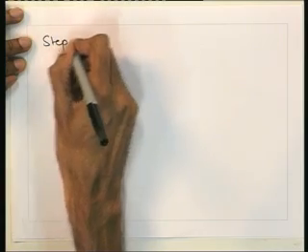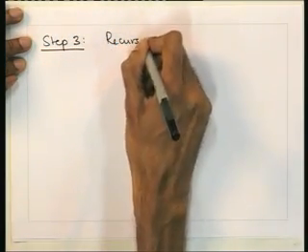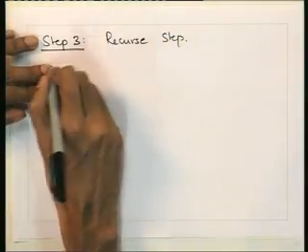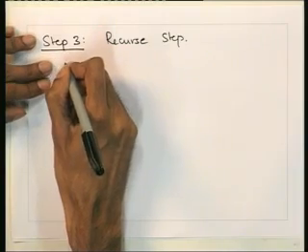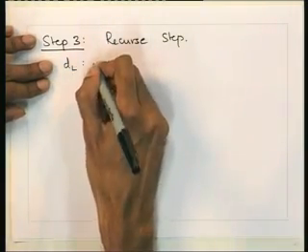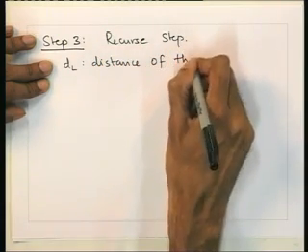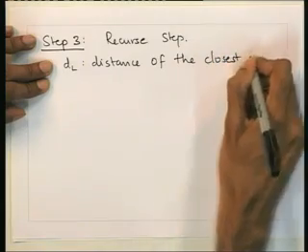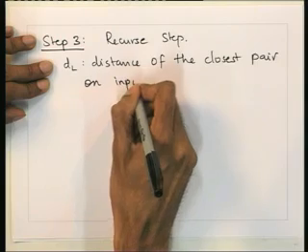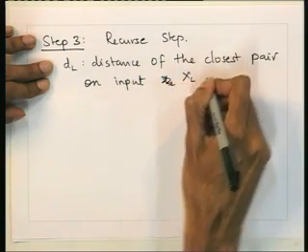So, step 3 is the recurse step. Let us say dl is the distance of the closest pair on input capital XL, capital YL.